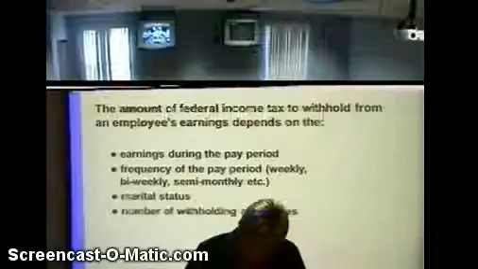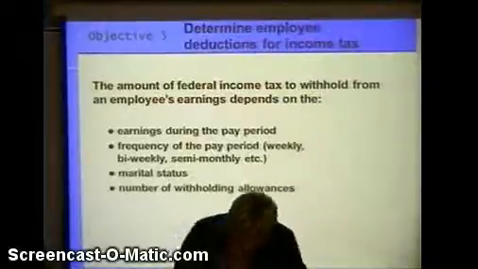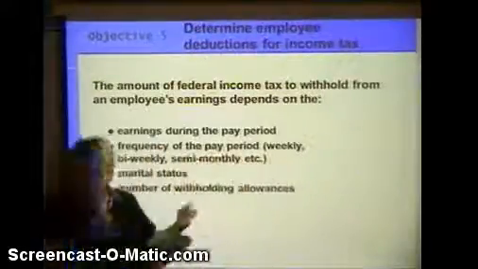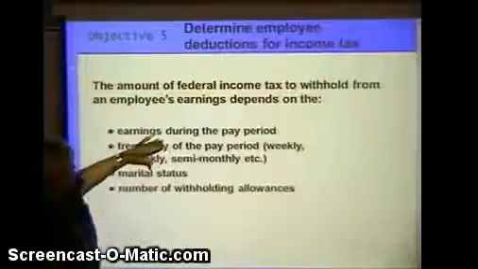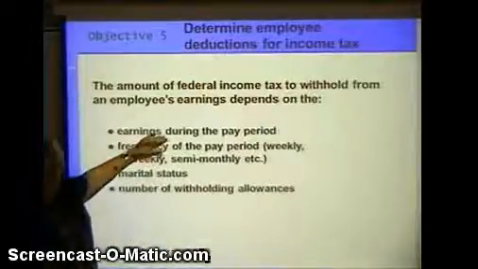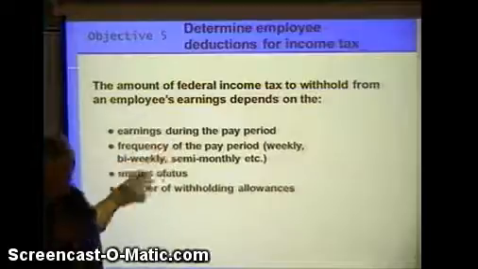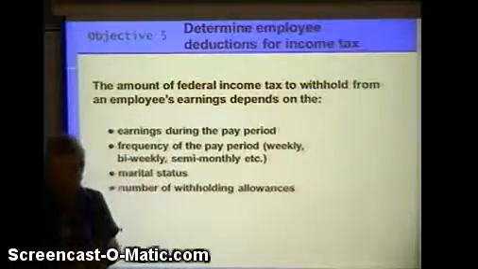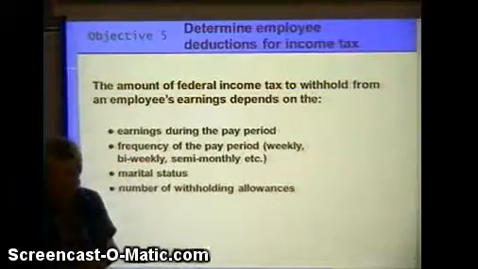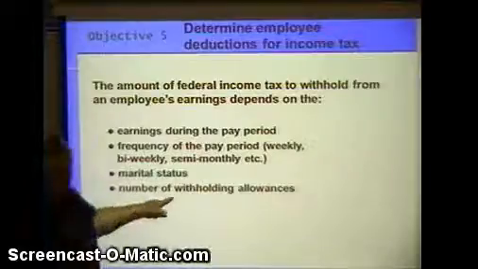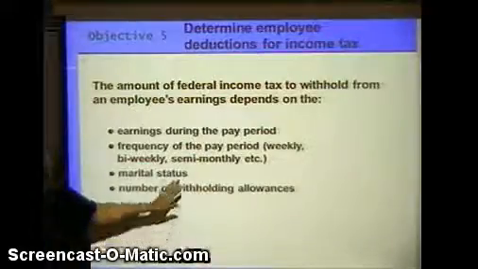Oh wait, there it is. Pages 337 and 338 show you your chart. Okay, so let's look at this one. We're looking at the earnings that they make that pay period, and we're looking at the frequency, whether they get paid weekly, bi-weekly, or semi-monthly. There's a difference. We'll talk about that. Their marital status and their number of withholding allowances.